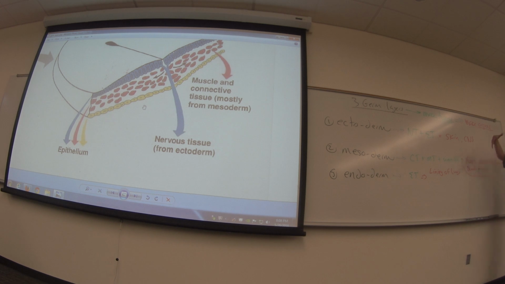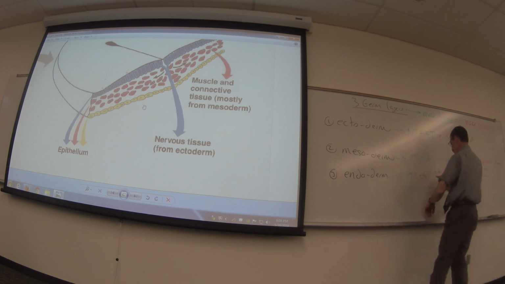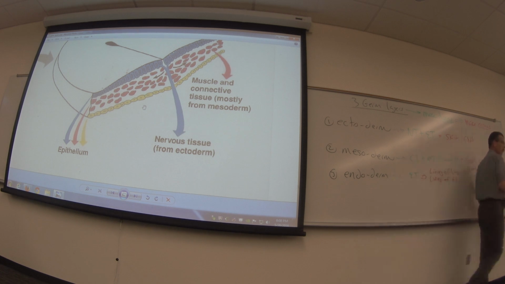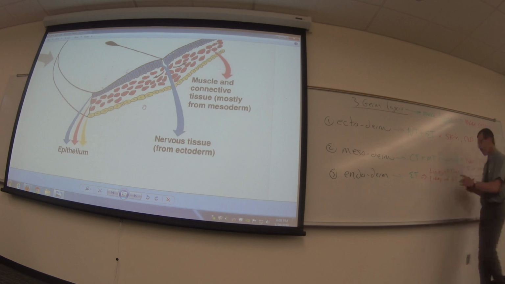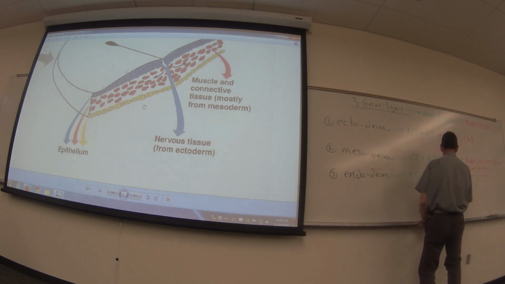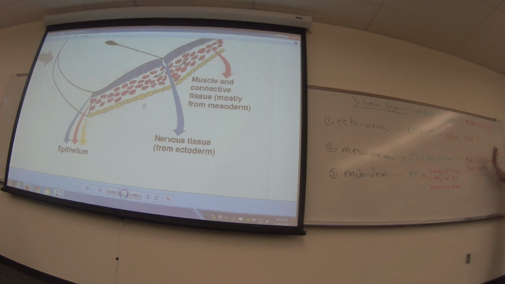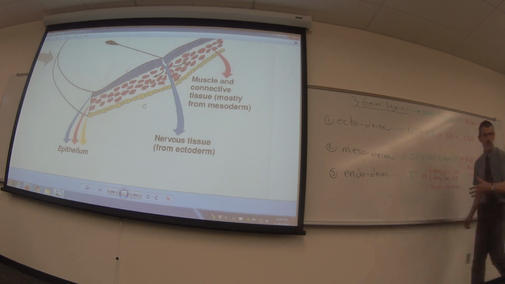Name some other part inside of me that has epithelium besides my lungs. You studied in the first test. The intestines, the GI tract. Lining of GI tract. So not the muscle, the GI tract, or any of that, just the lining of that. How about your endocrine glands? Endocrine glands have a lining. They're inside of me. So once I make these 3 layers, they crank out these tissues, I start making these organs from those layers.